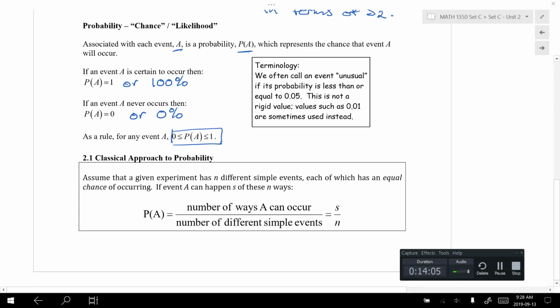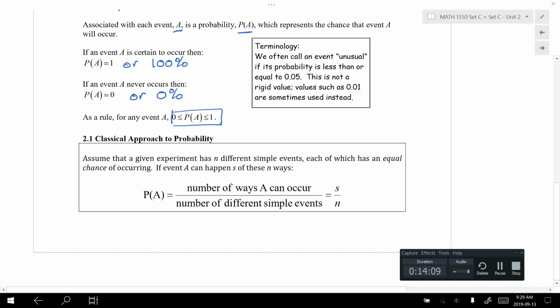Now, there's mostly two approaches to probability. Classical approach is, well, the classical one. We've been using it for a long time. The idea is to think of your experiment as having a number of steps, each of which has an equal chance of occurring.